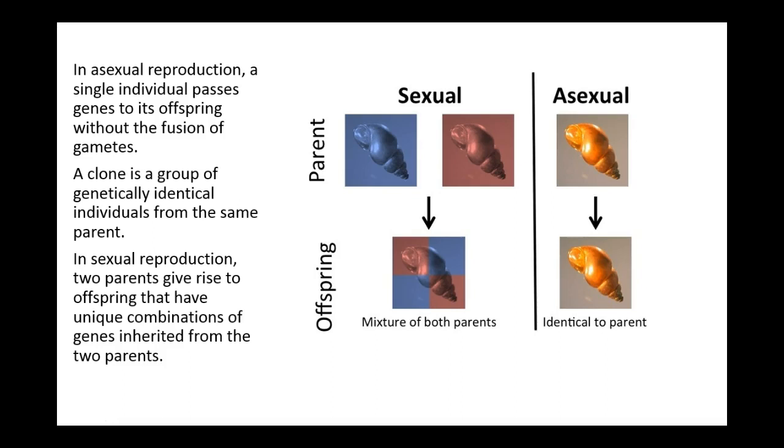Sexual reproduction: two parents give rise to an offspring that then has a unique combination of genes inherited from each of the parents. So not only the combination of the parents, but also in the process of meiosis, there is this incident called crossing over, so that there can be even more variety because of that.